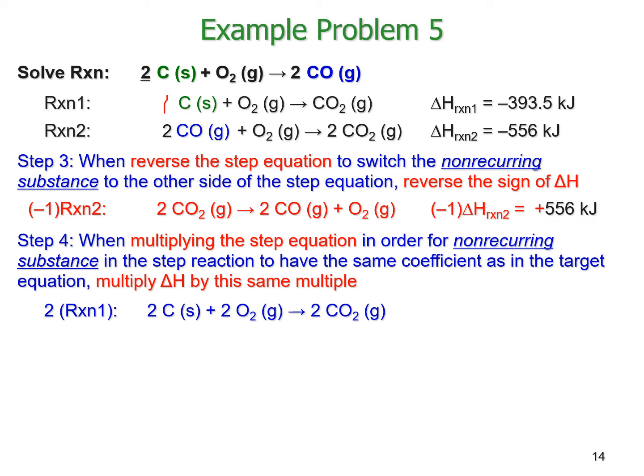Why? Because we want to make 2 carbon in order to match the number of carbon in my target reaction. Remember, if we want to change the coefficient of carbon from 1 to 2, we multiply the entire reaction or equation. So we multiply the first reaction by 2, meaning we multiply delta H of reaction 1 by 2.